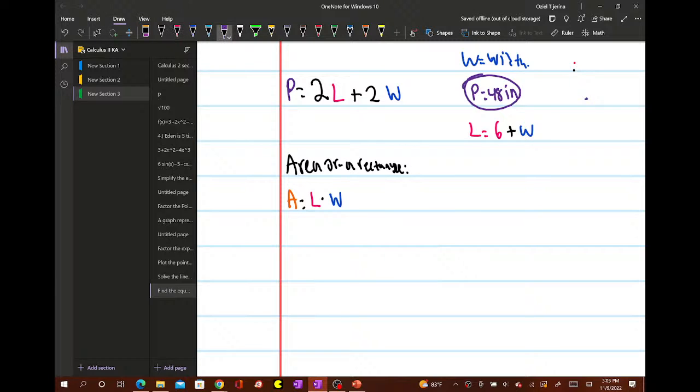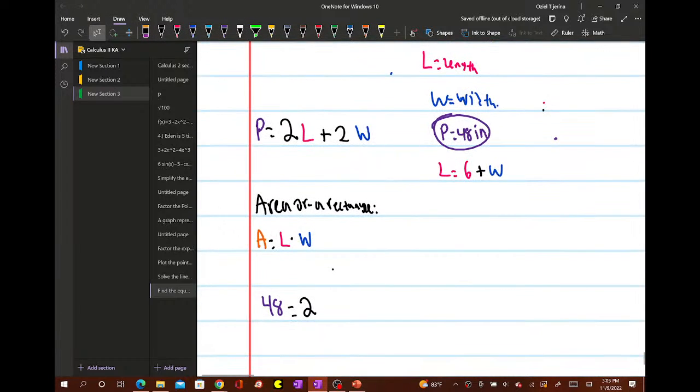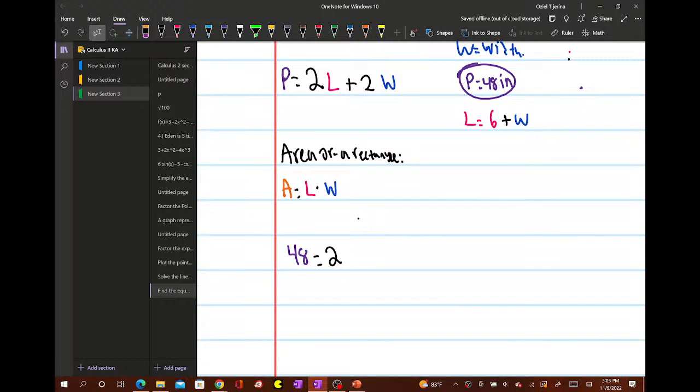So the perimeter, like I said, is 48 inches. So we have 48 is equal to 2 times W plus 6, and this is what the length is, right?